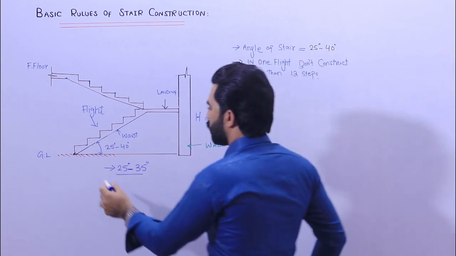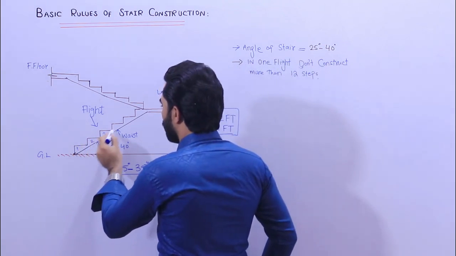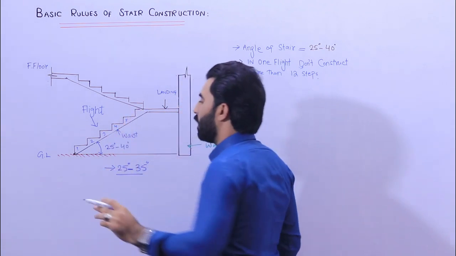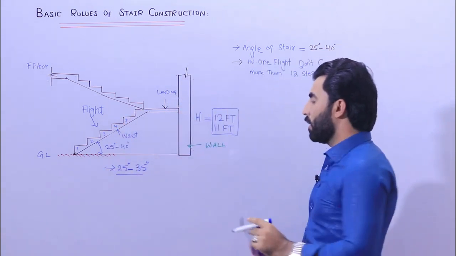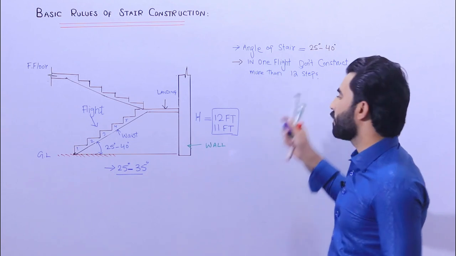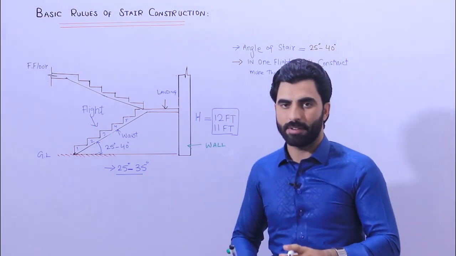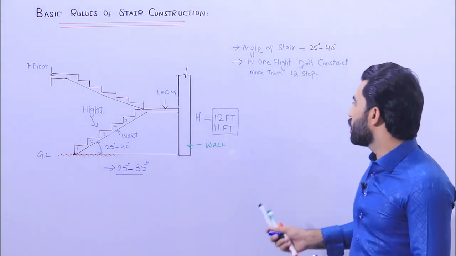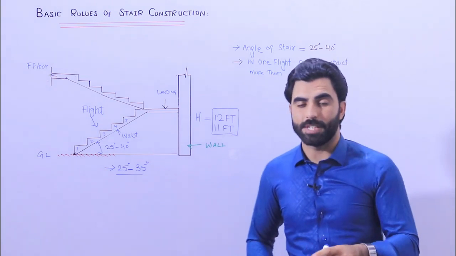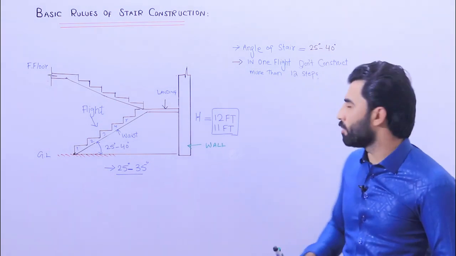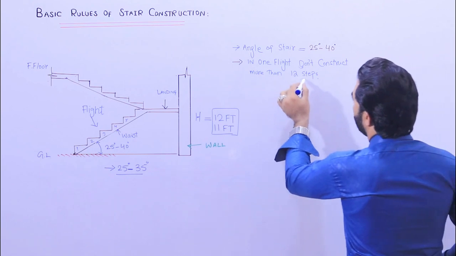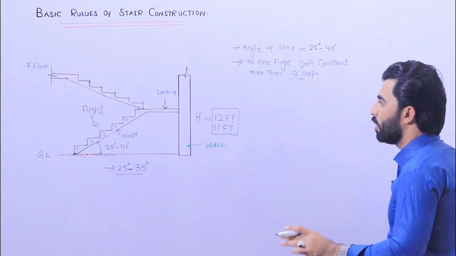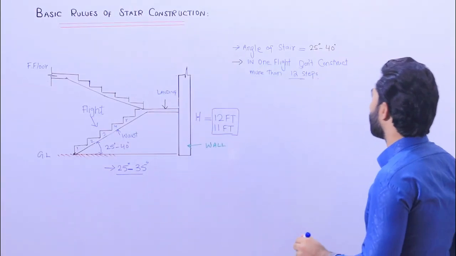What is a step? Step 1, 2, 3, 4, 5, 6 and so on. So 12 steps are enough. If you are going to increase, you can go up to 14 or 15, but don't go more than this. Normally, this is the accessible number of steps for one flight. So this is very important to know.